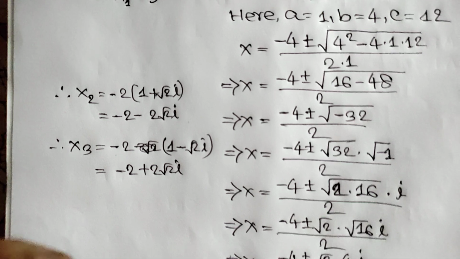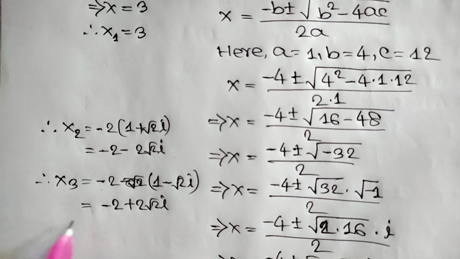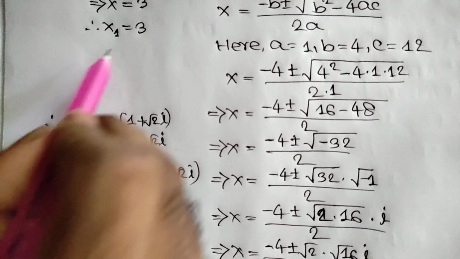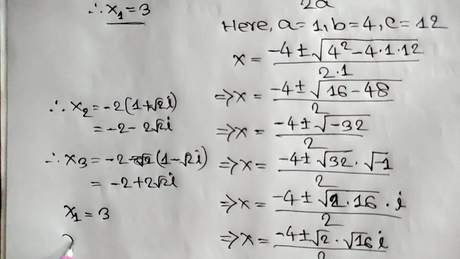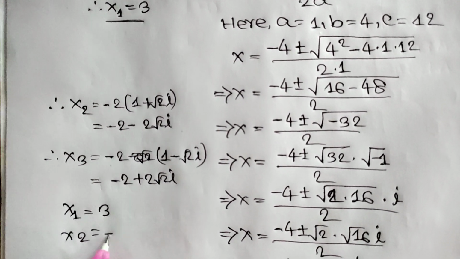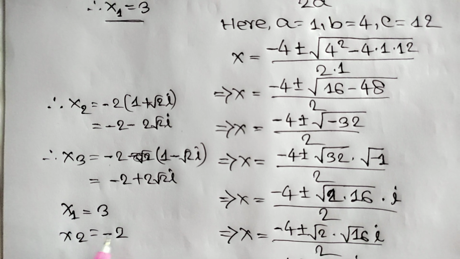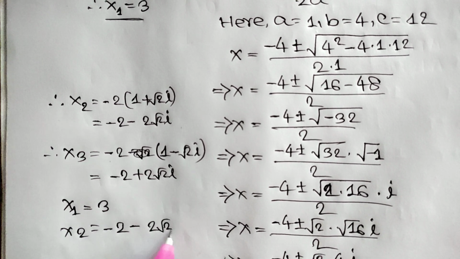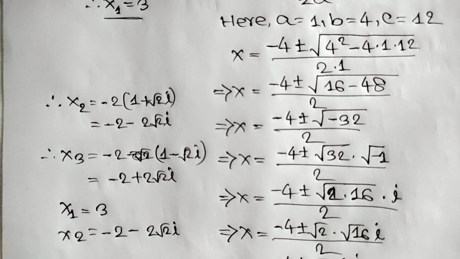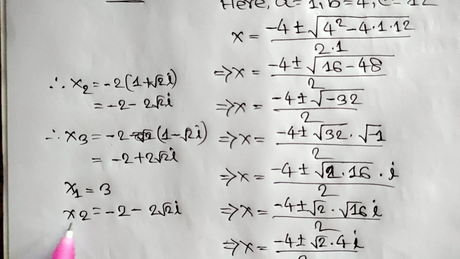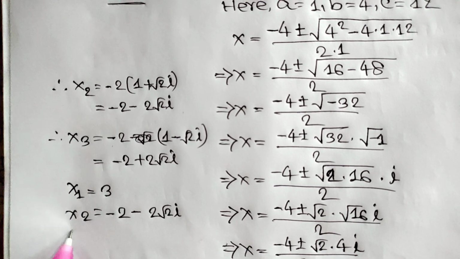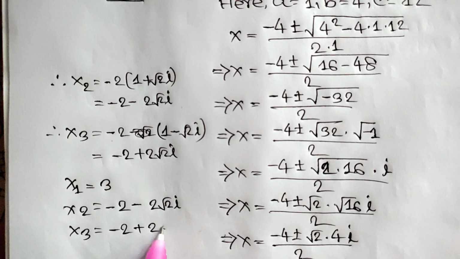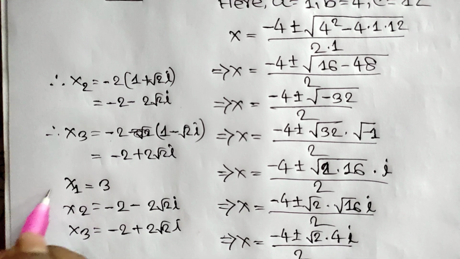So we get three values of x. x1 is equal to 3, x2 is equal to minus 2 minus 2 square root of 2 i, and x3 is equal to minus 2 plus 2 square root of 2 i.